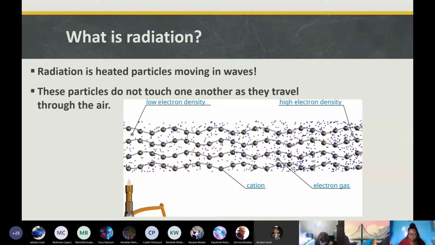Please draw this picture as well. You want to label those gray little spheres as particles, heated particles. Notice how they're spread out. They're not touching one another, okay? And they never will.